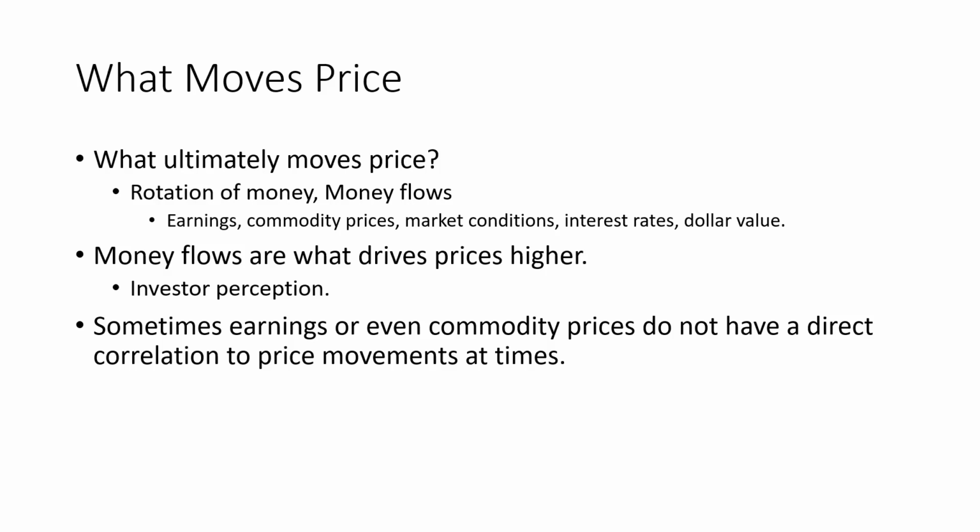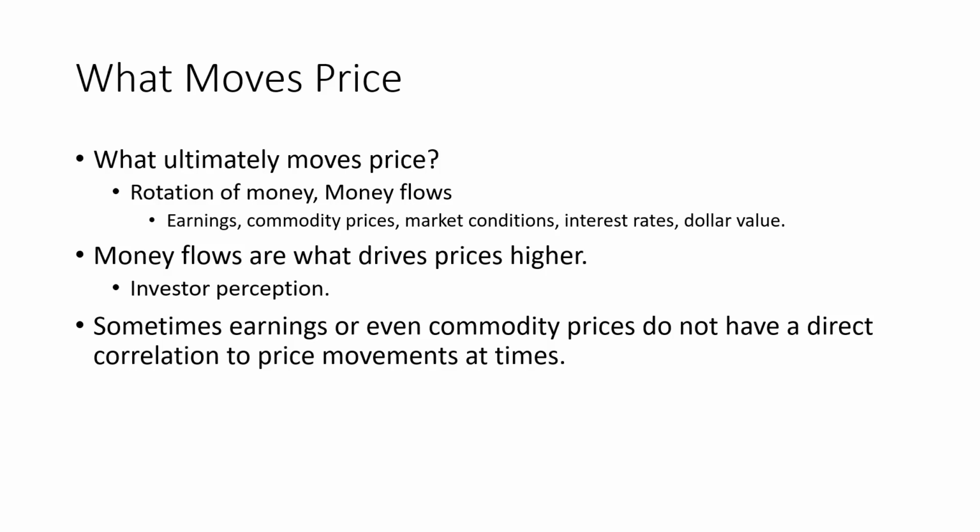That's how I have it going from left to right. So the right is the root cause, the value of the dollar or inflation. Money flows are what drive prices higher, and basically it's investor perception, and it deals with money rotation and flows. Sometimes earnings or even commodity prices do not have a direct correlation to price movements.